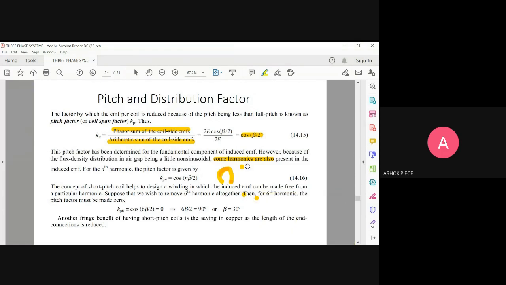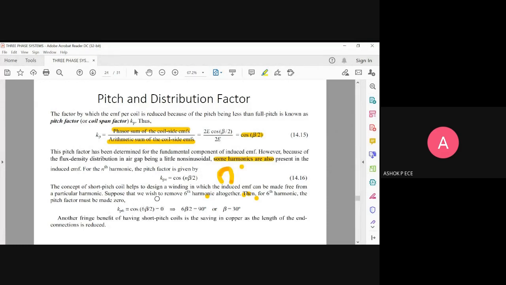When you consider that, Kpn will be, instead of beta, n beta by 2. If I want to find the sixth harmonic, put n equal to 6 here. So you get cos 6 beta by 2 equal to 0.